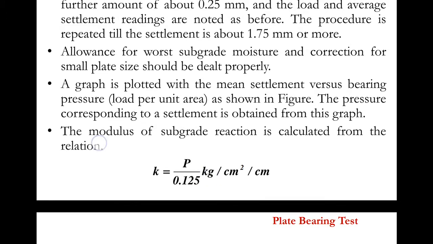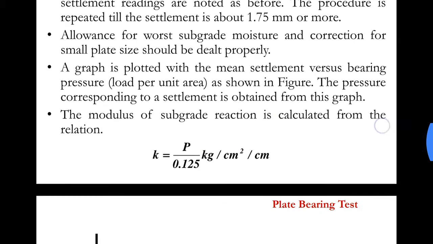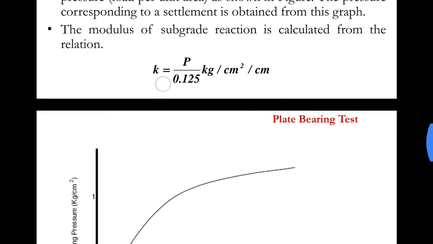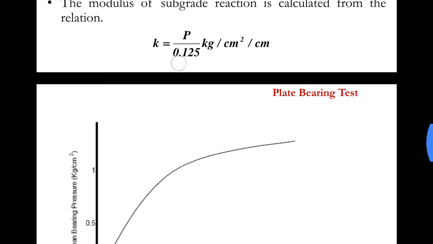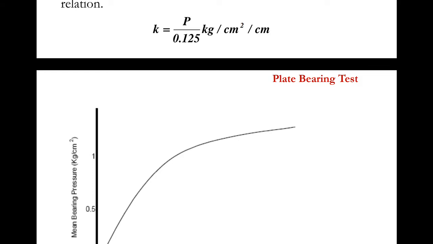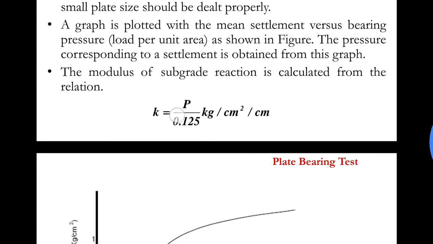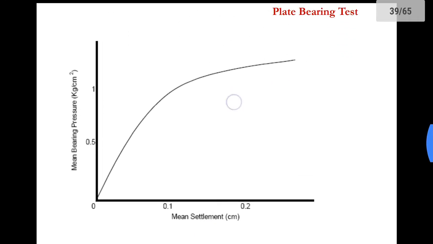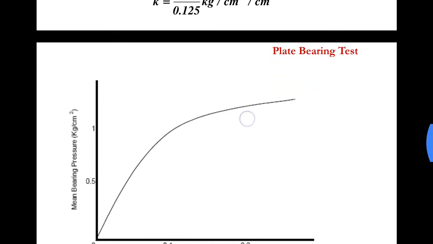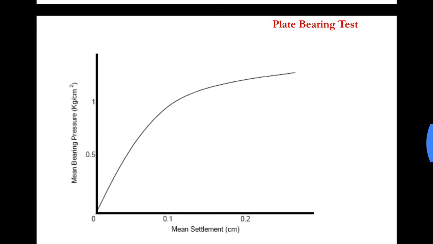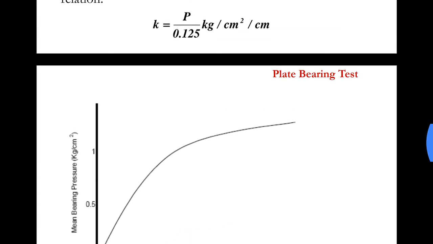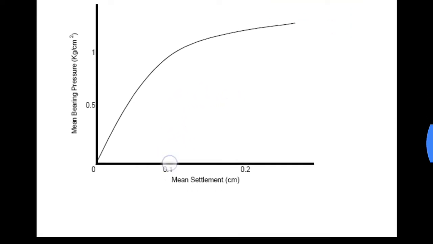Now, the modulus of subgrade reaction is calculated from the relation. You have a relation here. So K is nothing but the modulus of subgrade reaction. Now, how do you find out K? K is given as capital P divided by 0.125. Now, what is this capital P? This capital P is the mean bearing pressure at 0.125 centimeters settlement.